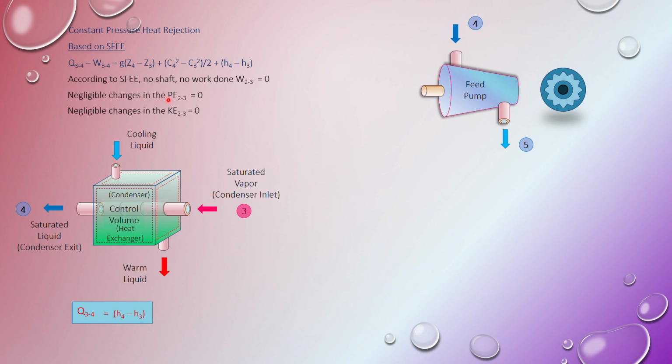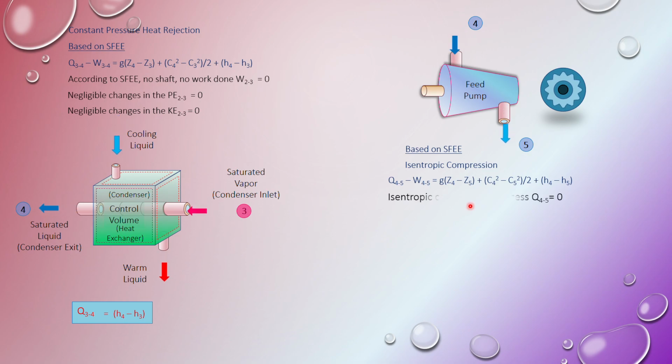The changes in potential energy and kinetic energy from 3 to 4 can also be neglected. Therefore, when you neglect these three terms, you have only heat 3 to 4 equal to H4 minus H3. I will teach you how to find H4, H3, H1 and H2 later.